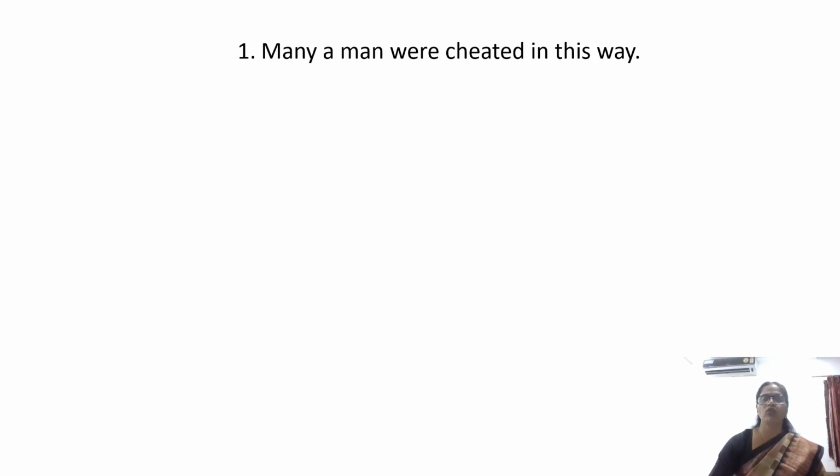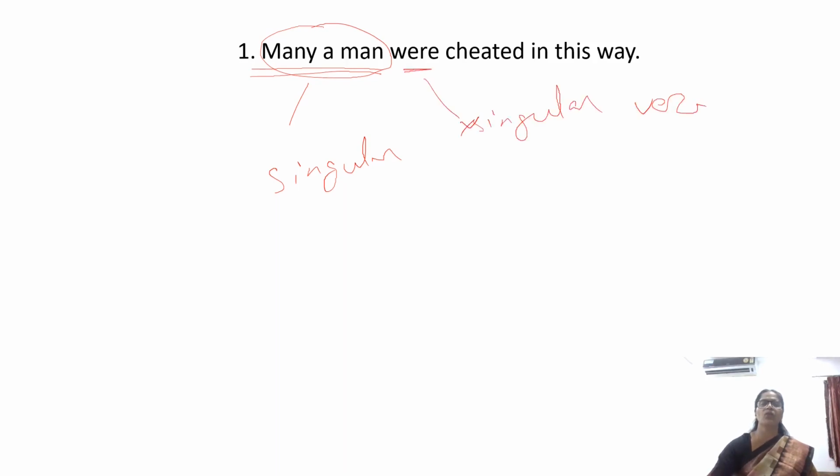Many a man were cheated in this way. Whenever we use the phrase many a man, the subject is singular, and a singular subject takes a singular verb. So what is the singular verb form of were? Was. So many a man was cheated in this way is the correct answer.